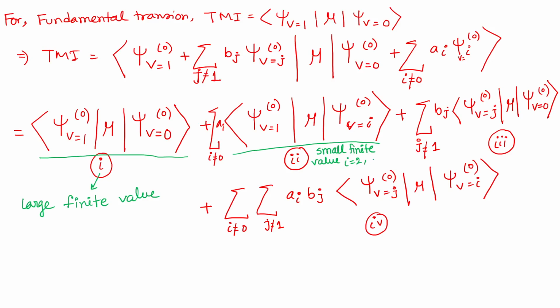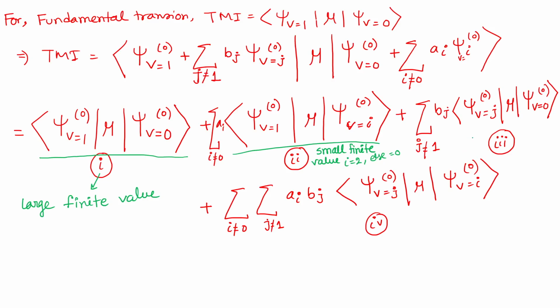When i becomes 3, 4, or even 1, then it is going to be 0, if we think of delta v equals to plus minus 1.